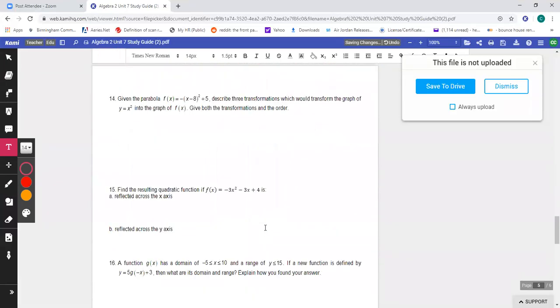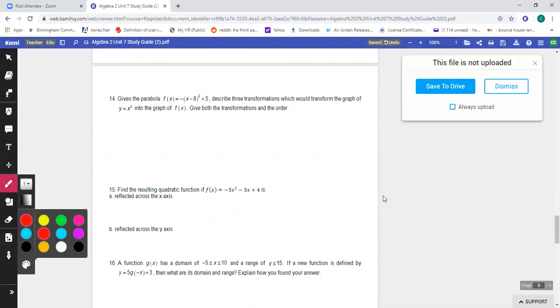Now, number 14. So once again, we just have to label the transformations here. Number 14, describe 3 transformations that would transform the graph x squared into this. So I have the x minus 8 on the inside, so that means it's going right 8.